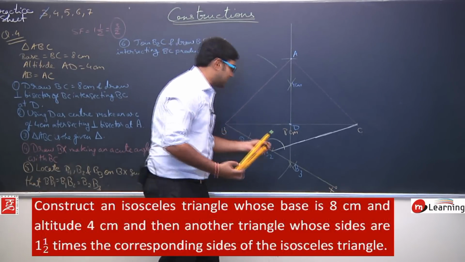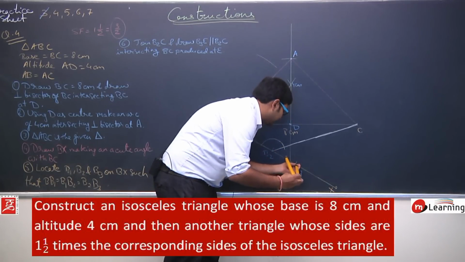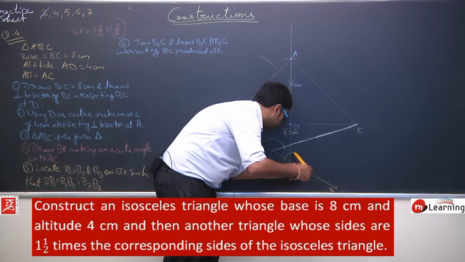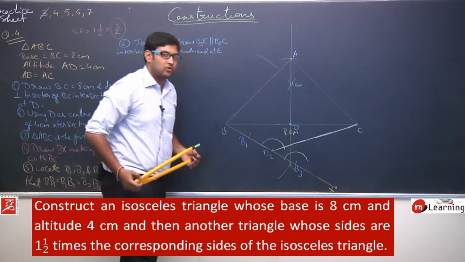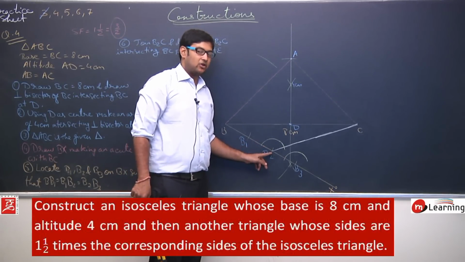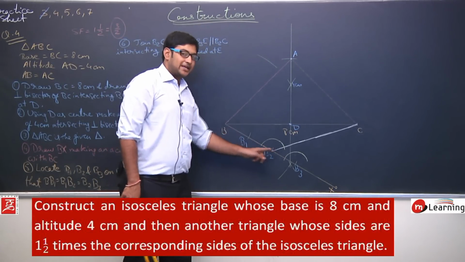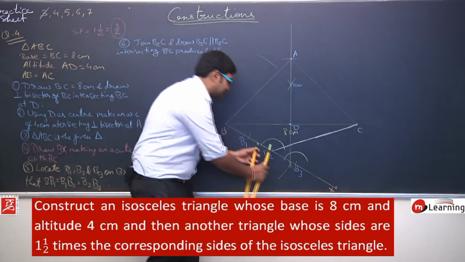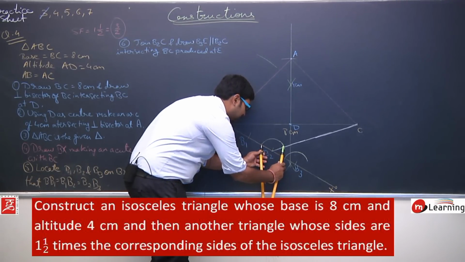Now using the same radius, using B3 as center, draw one more arc like this. So this is one more arc. Now you can see the previous arc that we have drawn is intersecting this BX at this point and B2C at this point. So I will measure this length. You can see this is the length.